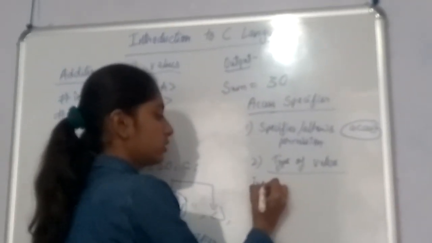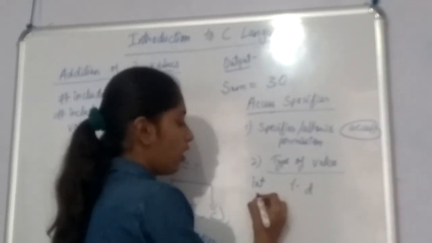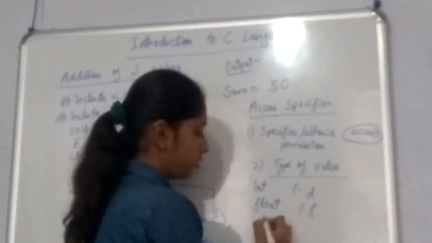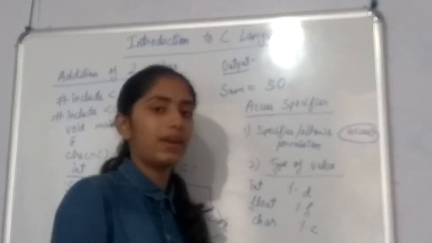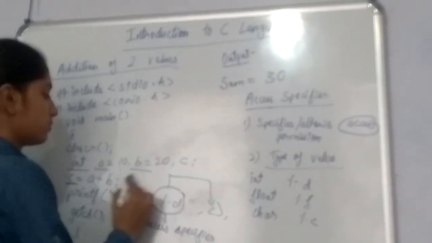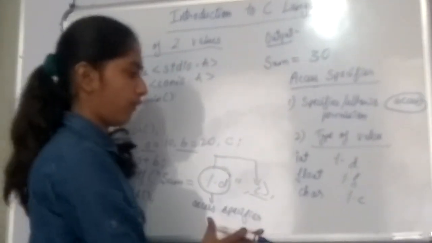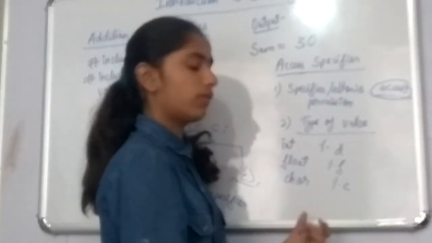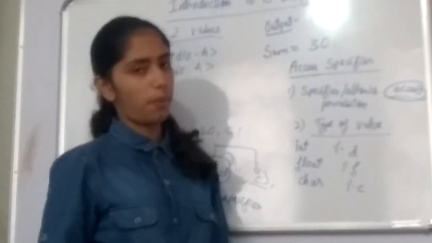So integers use %d as their access specifier, float uses %f, and characters use %c. So whenever you are going to print any variable's value, then you need to show this access specifier, which will demonstrate that you have the access to the variable's value and also the type of value which is going to be printed.